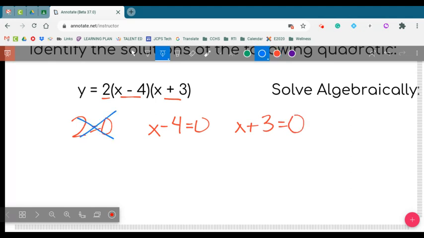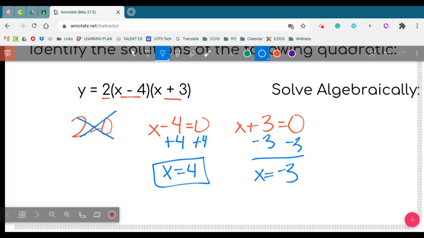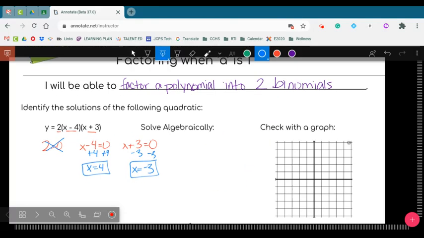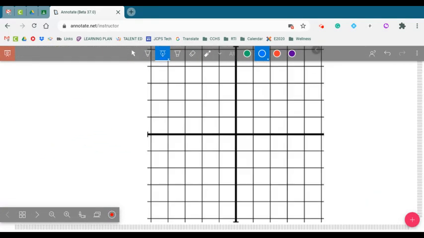That cancels. We get x equals 4, and we get x equals negative 3. So these are our solutions, 4 and negative 3.